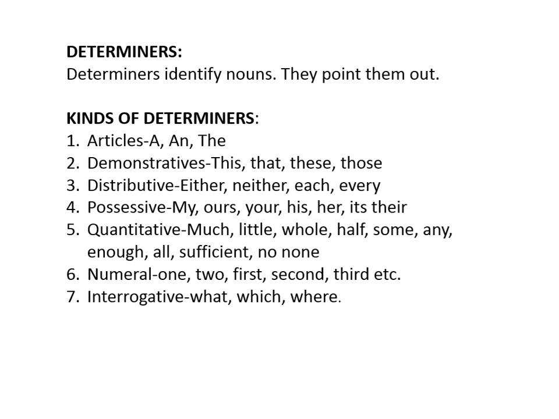Kinds of determiners: articles a and the. Demonstrative determiners: this, that, these, those. Distributive determiners: either, neither, each, every. Possessive determiners: my, ours, your, his, her, its, their.